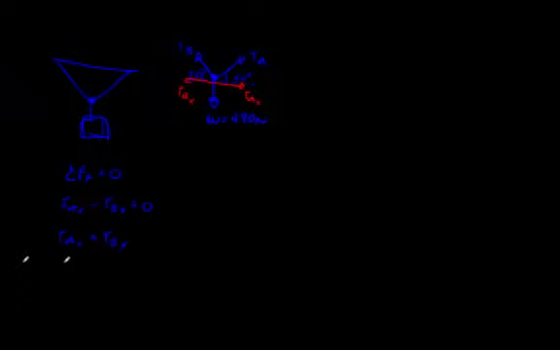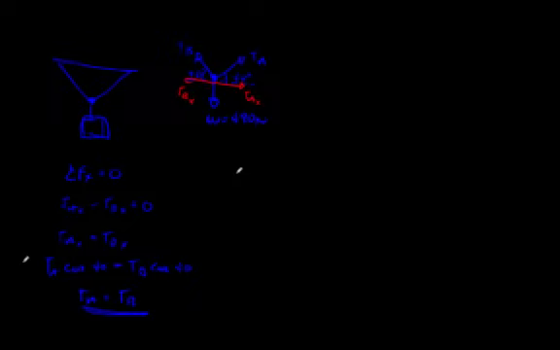Now, how do I find tension AX with trigonometry? This becomes tension A cosine of 40 degrees equals tension B cosine of 40 degrees. And this tells me something very important: tension A and tension B are equal. I don't know its value yet, but I know that they're equal.